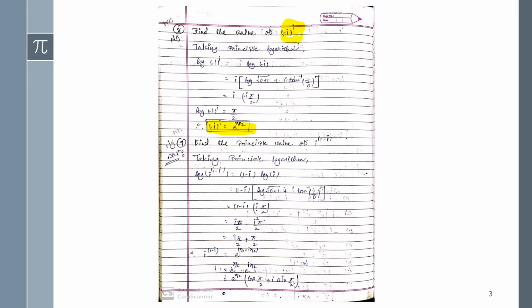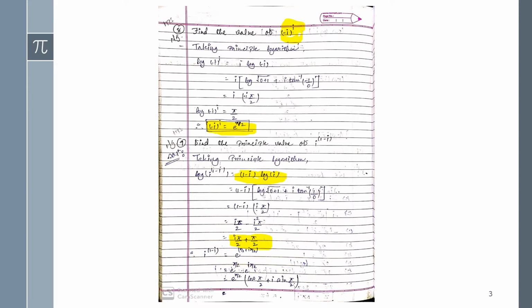So here it will be (1 minus i) into log i. Now just keep (1 minus i) as it is till the end. Here you have to apply the formula for log i, you have to use the principal logarithm. So I'm using it here, and after the simplification you will get this kind of term, that is, this.